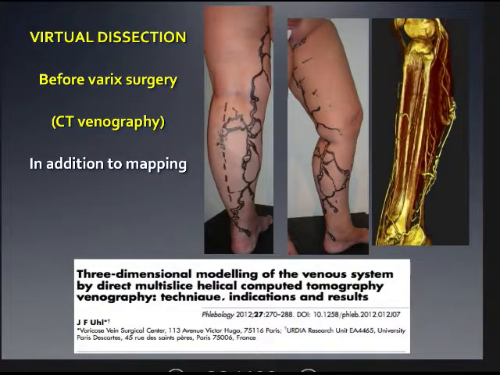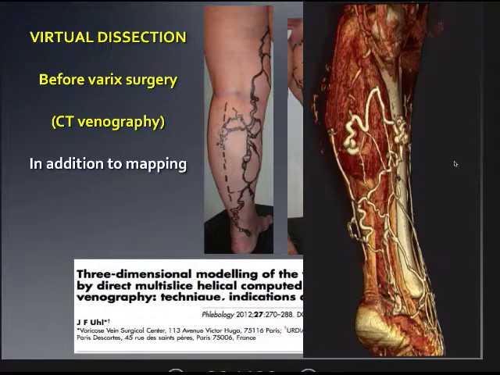Here is an example of a virtual dissection that we can do before varix surgery. In addition to the skin mapping that you can see in the center, on the leg, we can achieve a CT venography to make a virtual dissection of the patient.